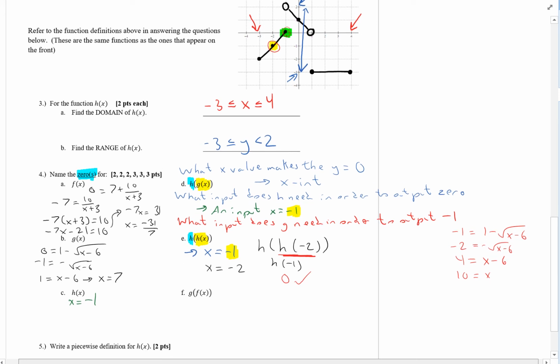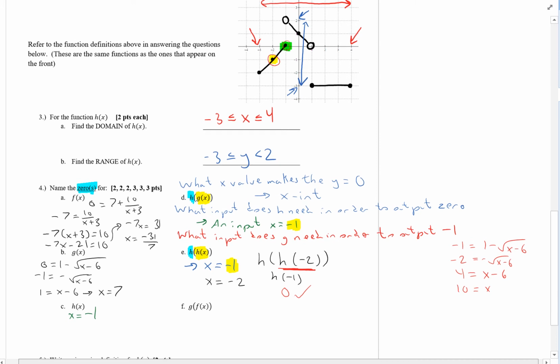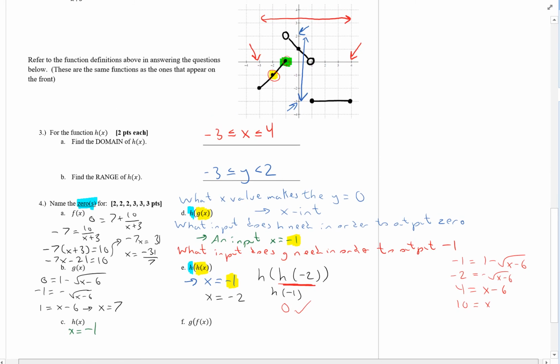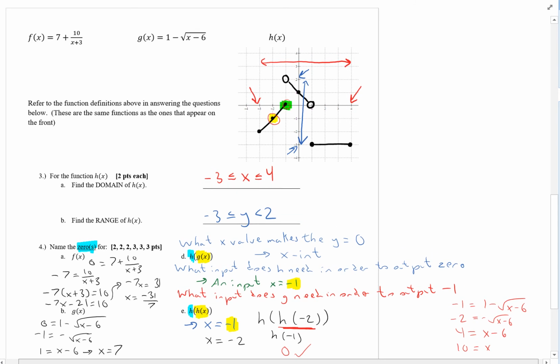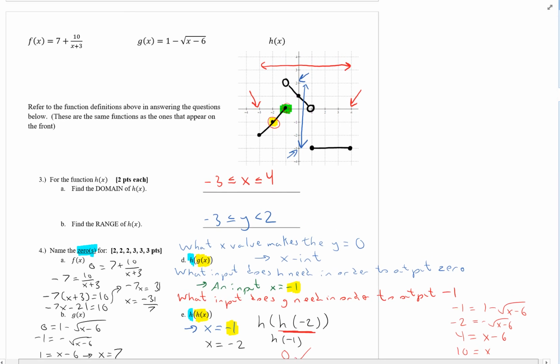Alright, g of f of x. There's actually something, if I'm remembering correctly, really cool about this, so I want a lot of space. Oh boy. Let's see if I can copy the rest of everything onto another page. Give me a sec. Like I said, I'm not great with technology.